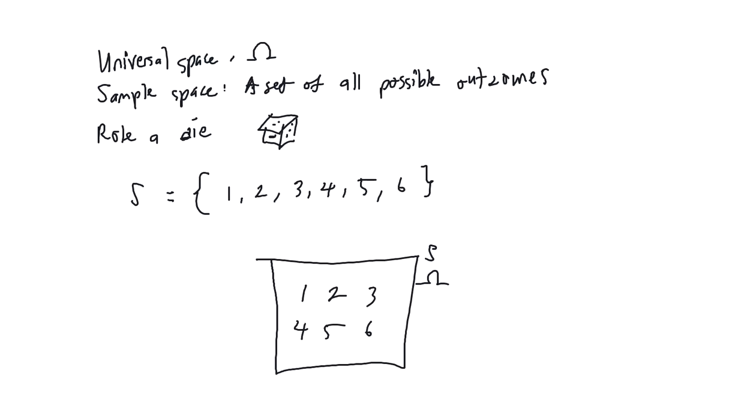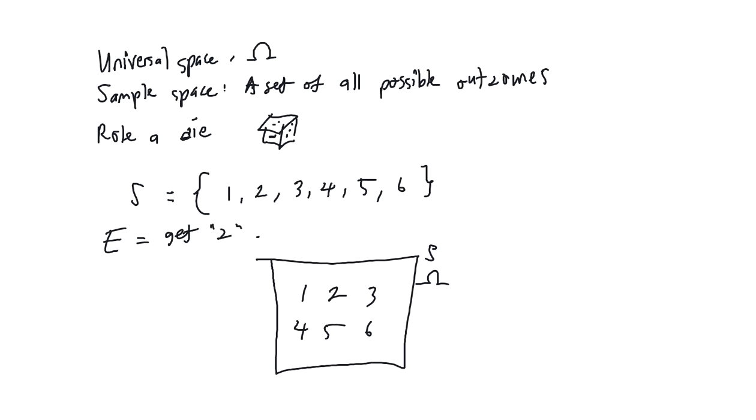So with a sample space, we can say, let's say, an event E. Let's call an event E getting the number 2.